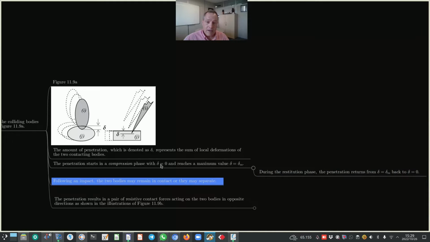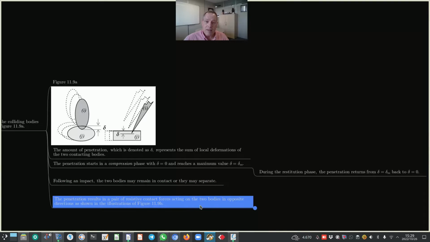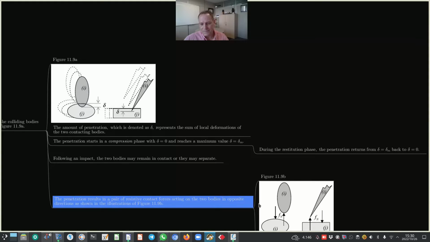Following an impact, the two bodies may remain in contact or they may separate. The penetration results in a pair of resistive contact forces acting on the two bodies in opposite directions, as shown in the illustrations of figure 11.9b.